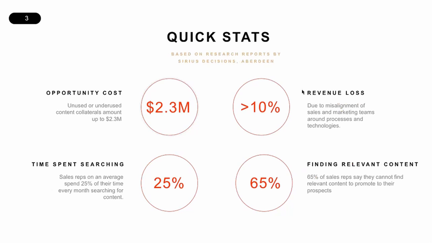So in terms of productive time, this is quite lost. You want most of your salespeople to actually be selling instead of searching for collateral. So that's one of the big misses. About 65% of sales reps say they cannot find the relevant content to promote to their prospects.